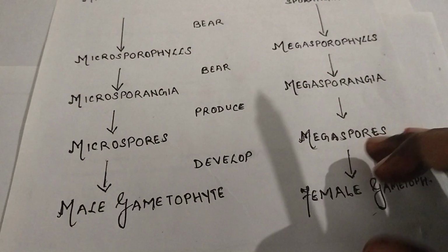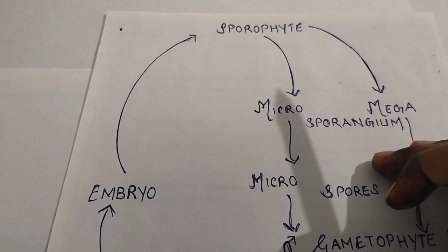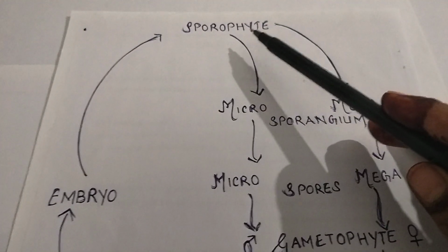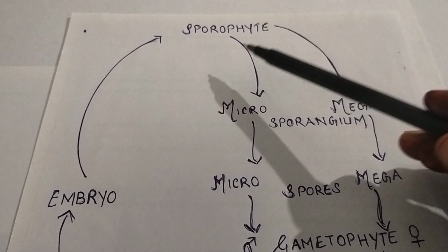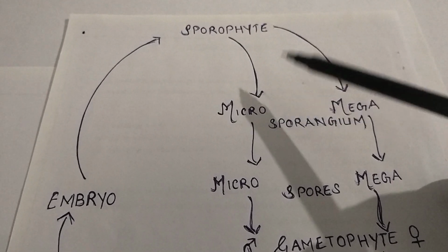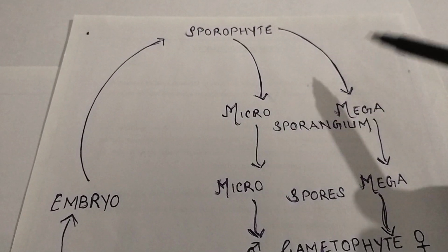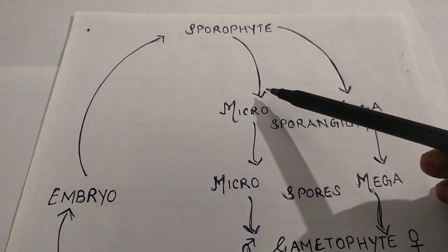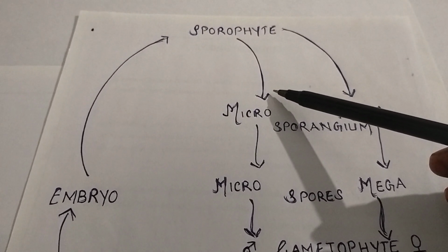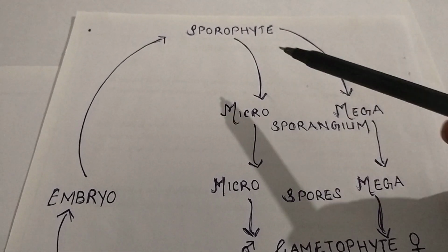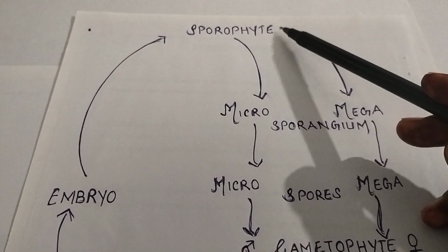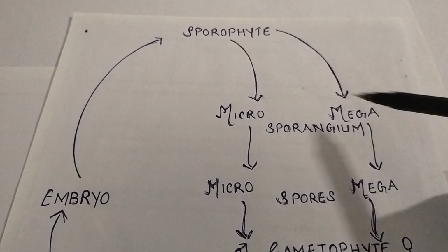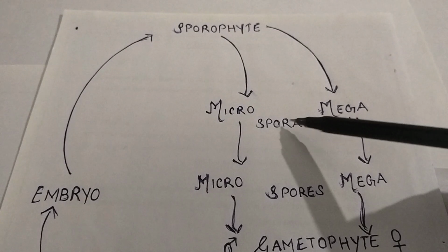Now see the life cycle, the reproduction. How does it take place? The main plant body is the sporophyte. It is heterosporous. It bears microsporangium as well as megasporangium. In some cases they may be on the same plant and in some cases on different plants. The main plant body, the sporophyte, will bear microsporangium and megasporangium, male and female.